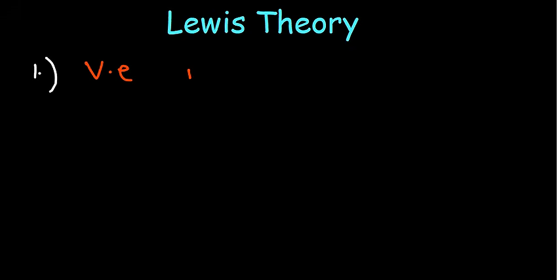Number two, you can take down the notes. The second point is that sometimes we've got transfer of electrons to form bonds. Of course, that is just the ionic bonding.